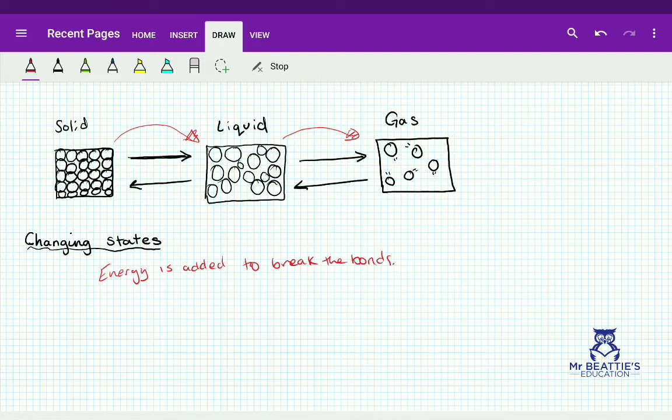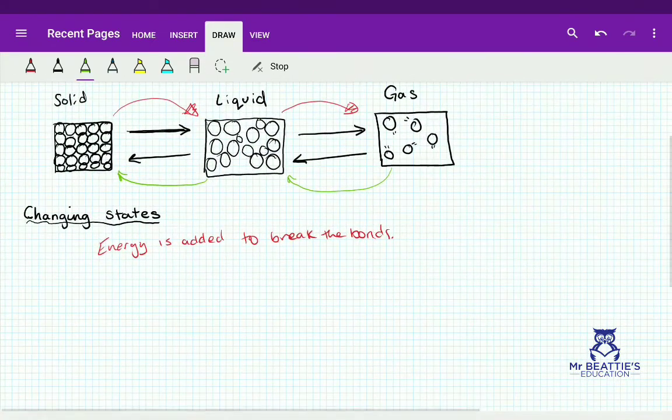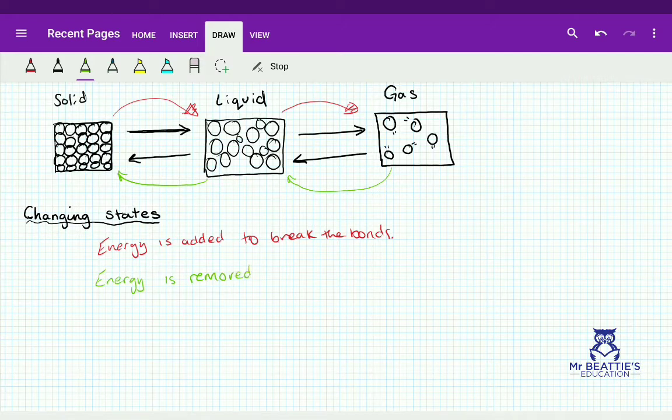Okay, and if we're moving the reverse, going the opposite direction from gas to liquid or liquid to solid, energy is removed to allow the bonds to rejoin.